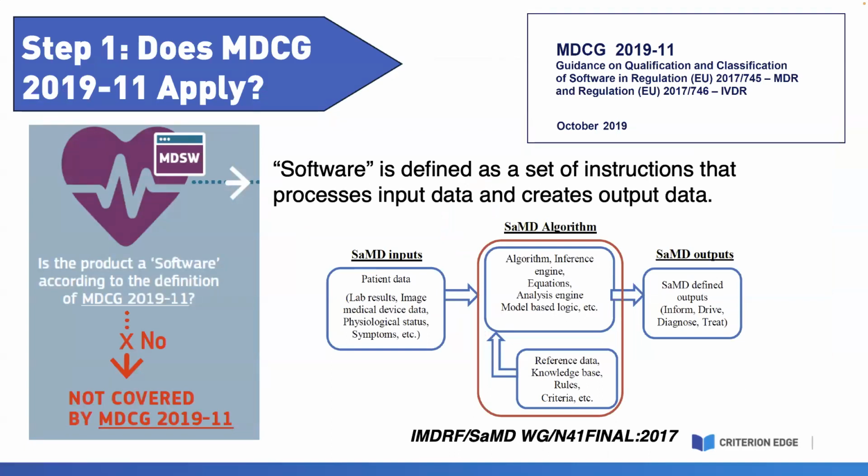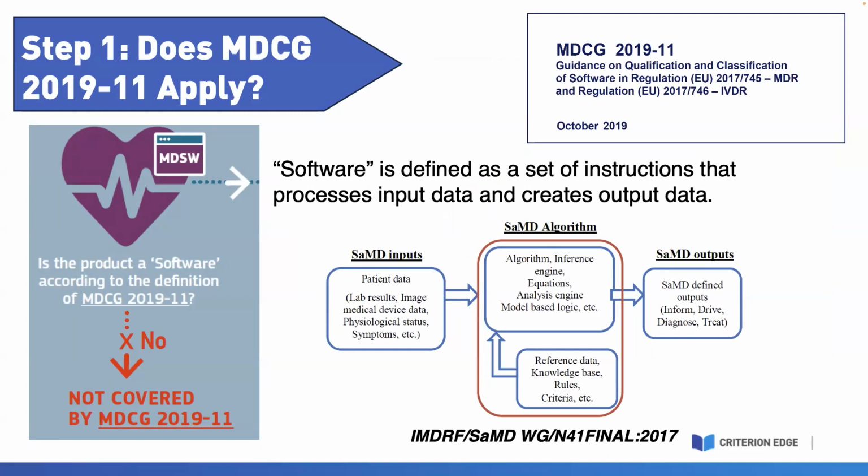So suppose you are still questioning whether or not you fall under IVD or medical device. Your first step, if you are falling under this sort of all-encompassing definition, is to determine whether or not MDCG 2019-11 applies to you. And that's where we get the definition of software. It's a set of instructions that processes input data and creates output data. It's a very broad definition.